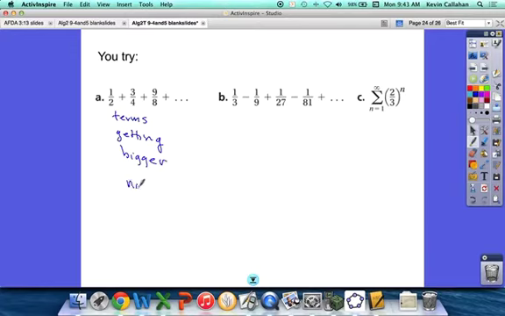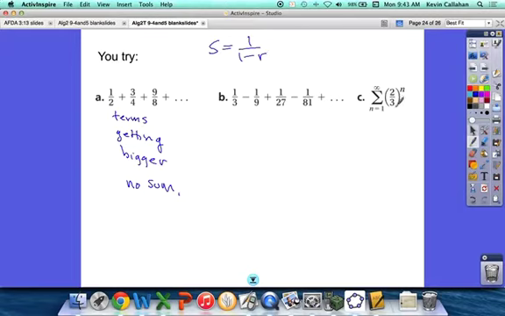So there's no sum. Okay, how about this one? Are the terms getting smaller? 1/3, 1/9, 1/27. Okay, then try to use the formula, S equals A1 over 1 minus R, to find the sum.